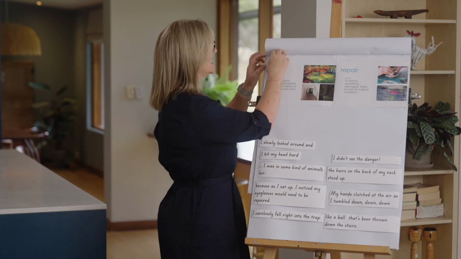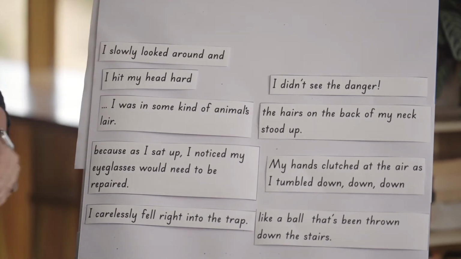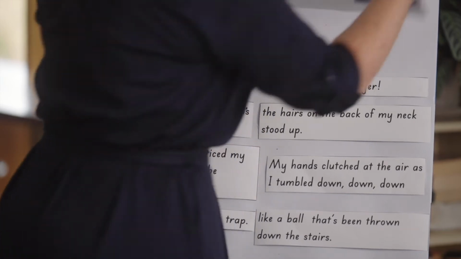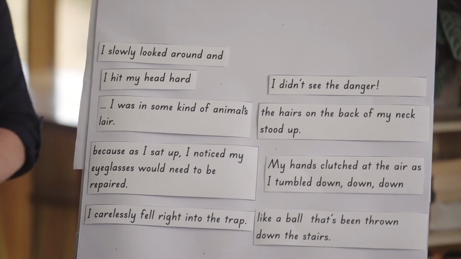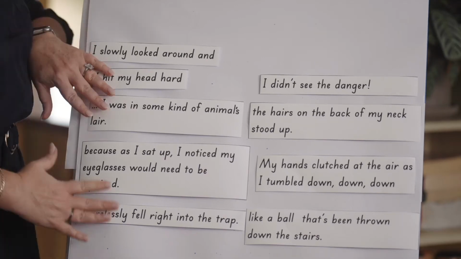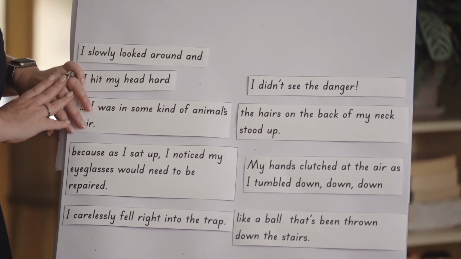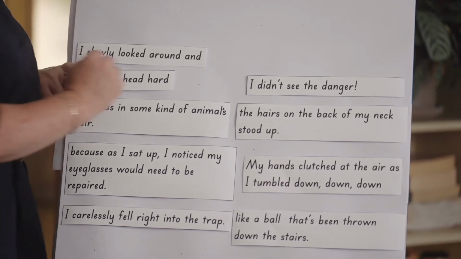I'm going to take these down, and while I'm doing that, I would like you to think of which one we should start our story with. I'll give you a hint. The very first sentence of this story, it's a narrative, ends in an exclamation mark. So can you find the fragment over here or the sentence that ends in an exclamation point? Found it? Okay, I've got it.